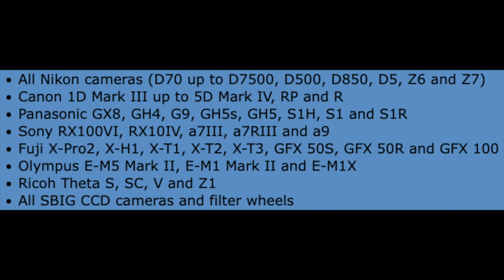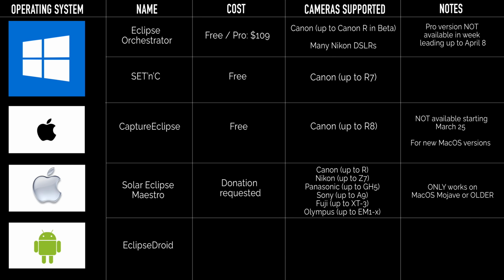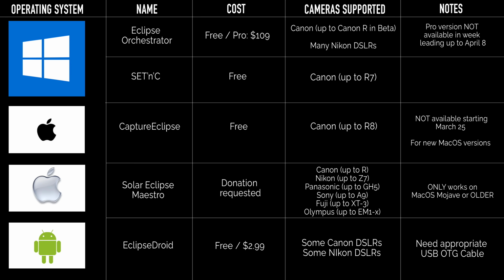Okay, and then finally, we have EclipseDroid for Android phones. This one is $299 and in the Google Play Store, and works with several Canon and Nikon DSLRs. Now, there may be other software out there that could work for this, but these are the projects that I've been able to verify are still under active development.